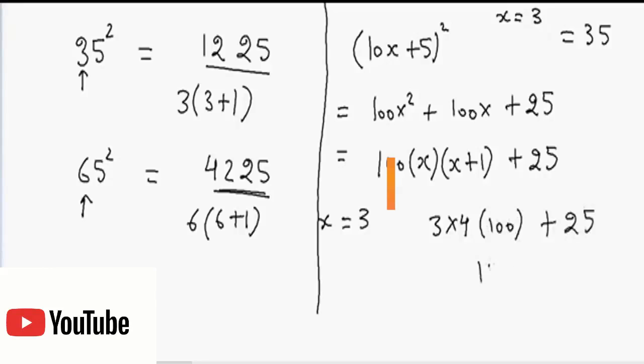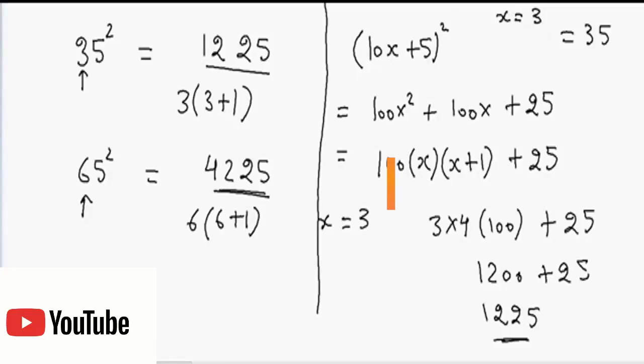That will give me 1200 plus 25, so we'll get 1225. So this is how this trick works. Basically we are adding 1 to the first digit, multiplying it with the first digit, multiplying by 100 and then adding 25 at the end.